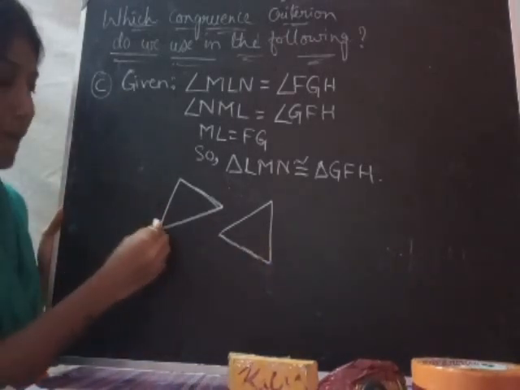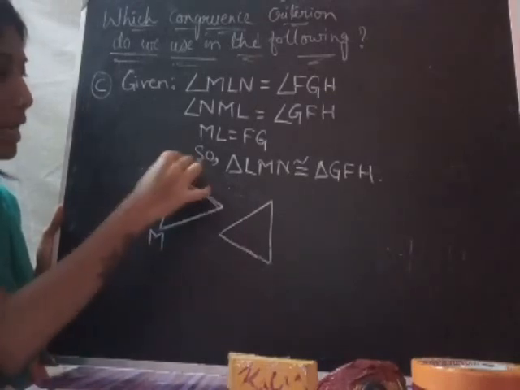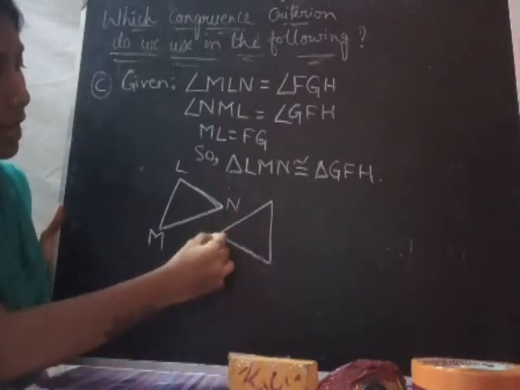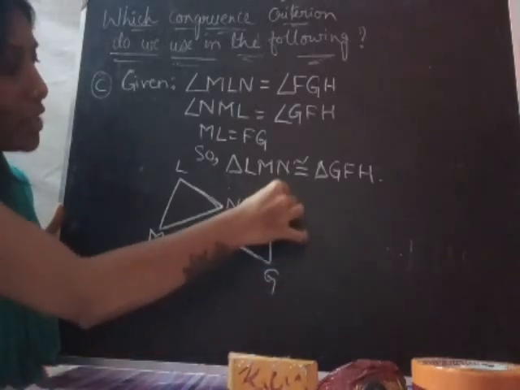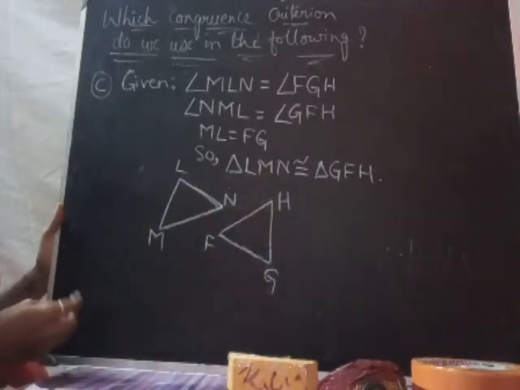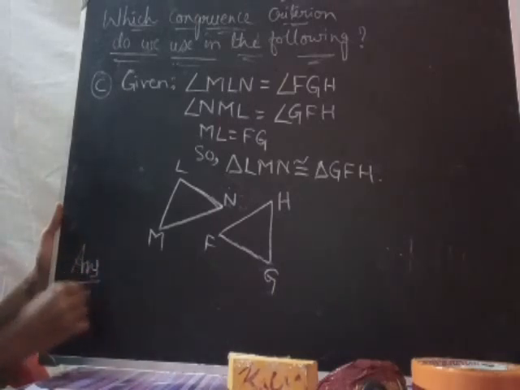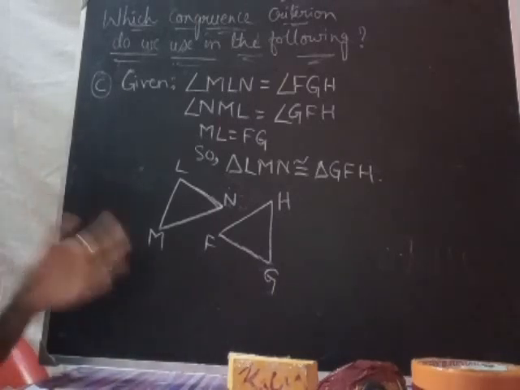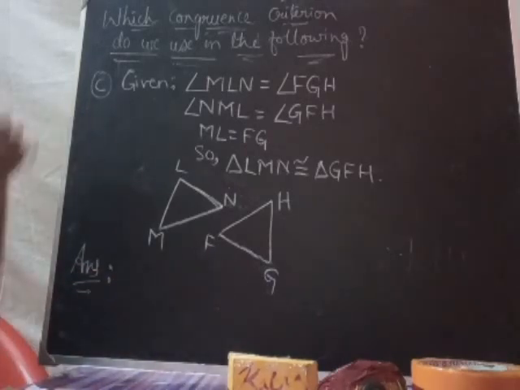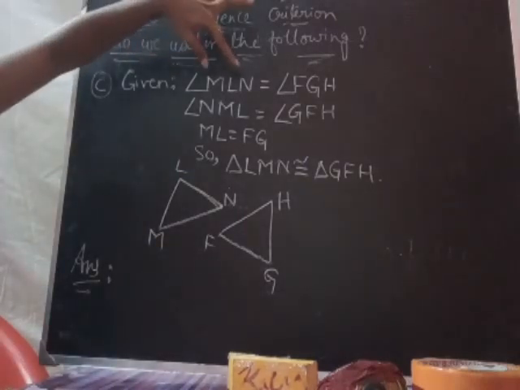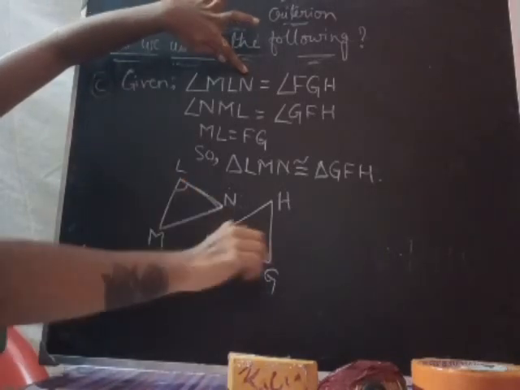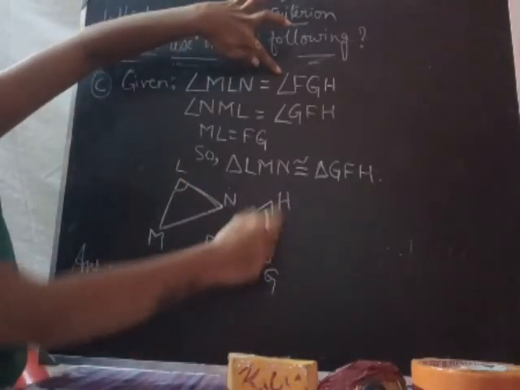We have to tell which criterion is used to prove this triangle is congruent to this triangle. What they have given: angle MLN equals angle FGH.